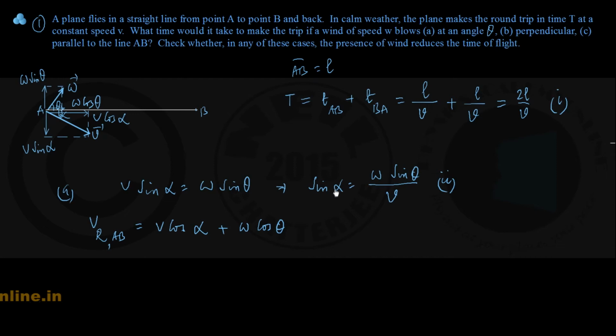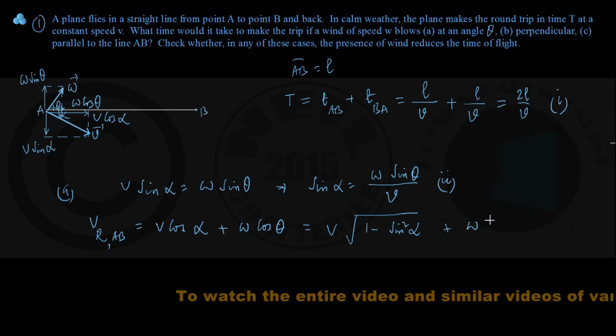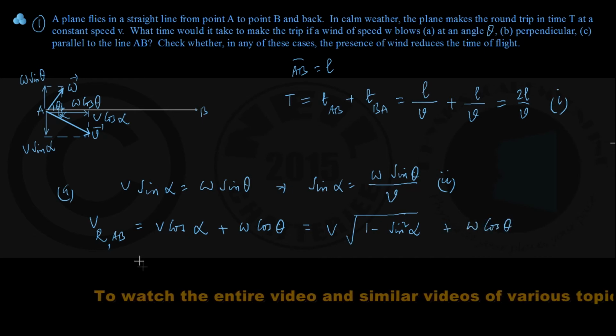Once we have got the value of sine alpha earlier from equation number 2, let's improve on it. I could write this to be V into square root of 1 minus sine square alpha, isn't it? Cos alpha is given by this formula, plus W into cos theta.